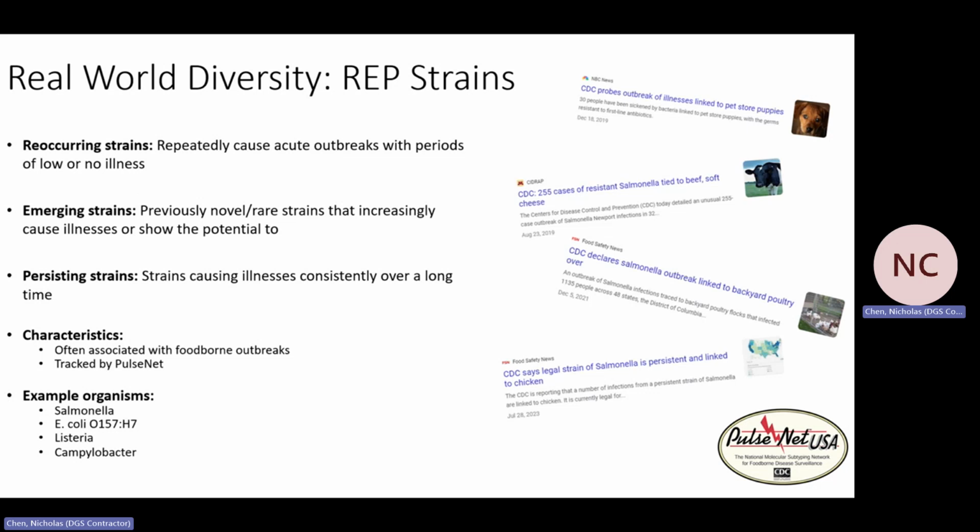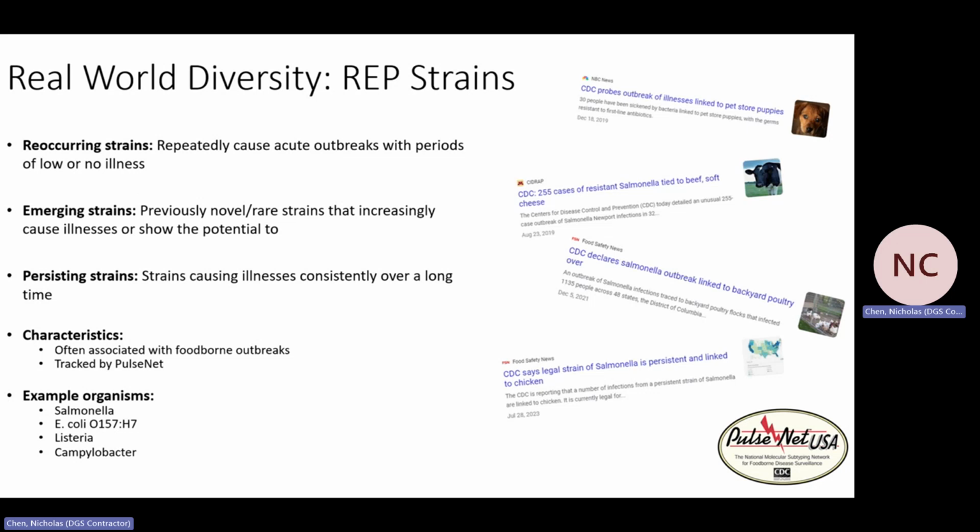Another example of pathogen diversity is the recurring, emerging, and persisting bacterial strains often associated with foodborne outbreaks and tracked by the PulseNet system. These organisms may repeatedly cause acute outbreaks in the case of reoccurring strains. They may be novel or rare strains that increasingly cause illness or have the potential to, or they cause illnesses consistently over a long period of time.